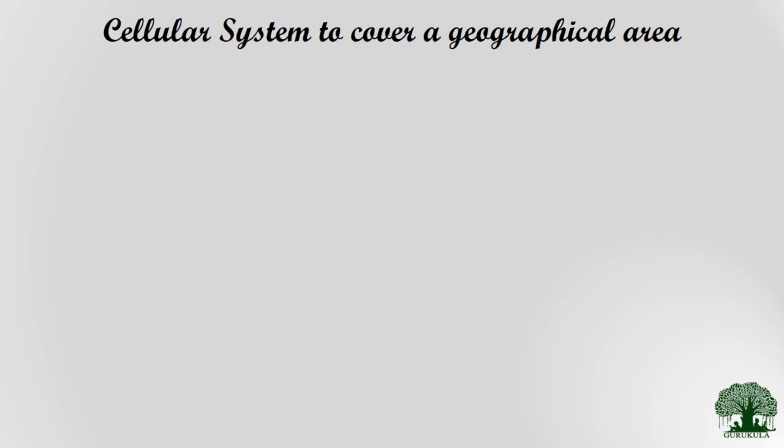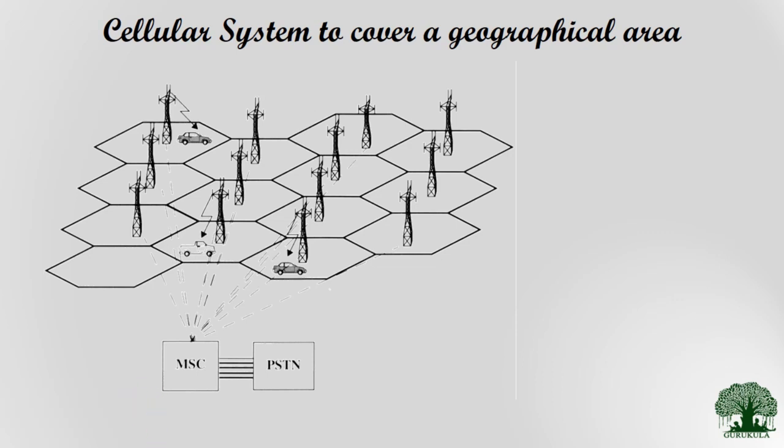Here in this slide, the GSM architecture covers a particular geographical area like this. This is how the entire geographical region is classified into small hexagonal regions.